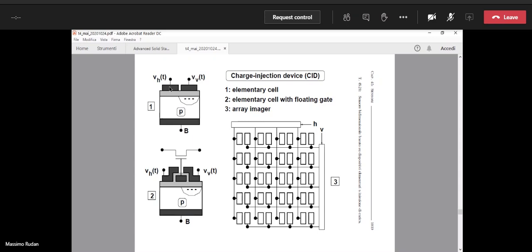And you can see from the figure, the gate in between is somewhat underneath the other two gates, but it is connected with the gate of an MOS transistor, okay? So you see that this intermediate gate is not connected to any voltage generator, okay?